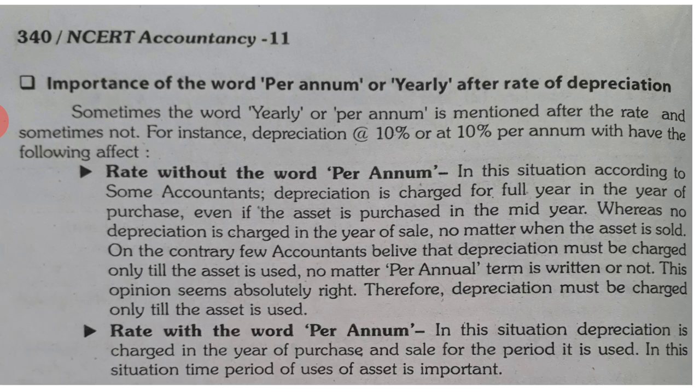Again I am repeating, when the word per annum or annual, annually, such type of words are not added with the rate percent, then it doesn't matter when the machine was purchased, depreciation will be charged for the whole year. But in case of sale, zero depreciation will be charged. I mean to say, no depreciation will be charged.